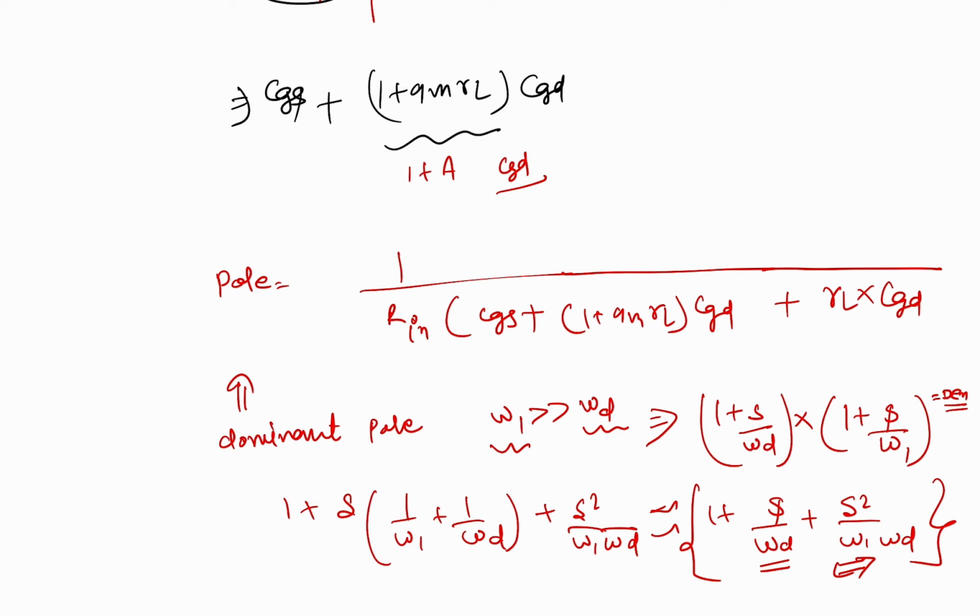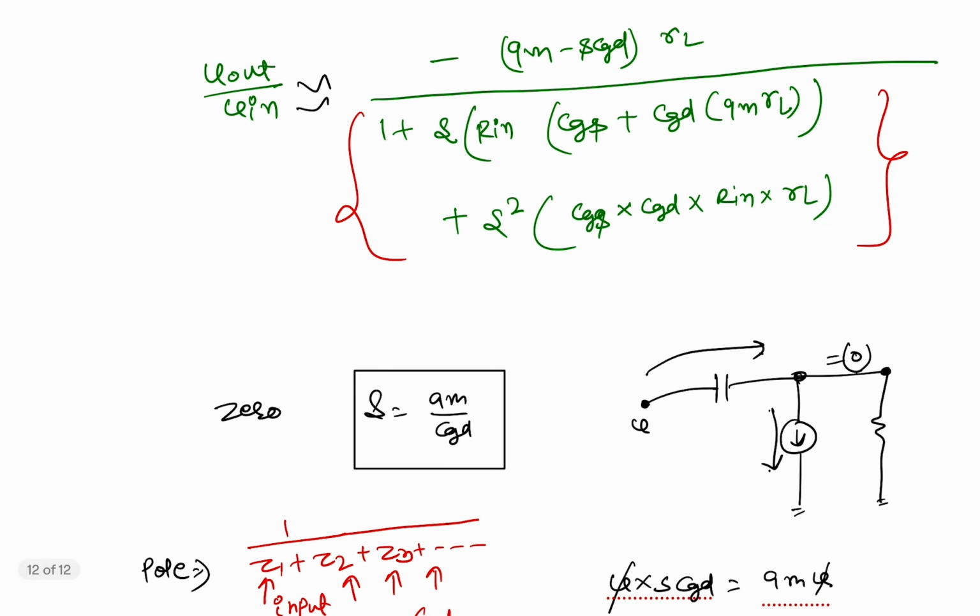The dominant pole is the inverse of the coefficient of the s term.